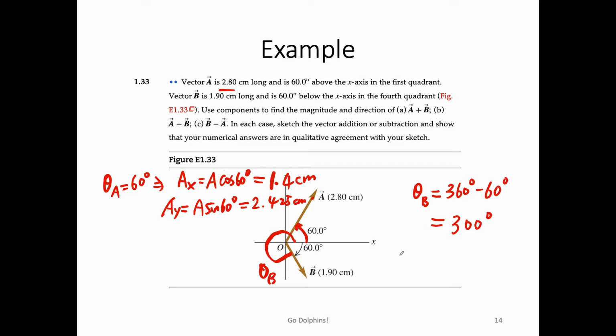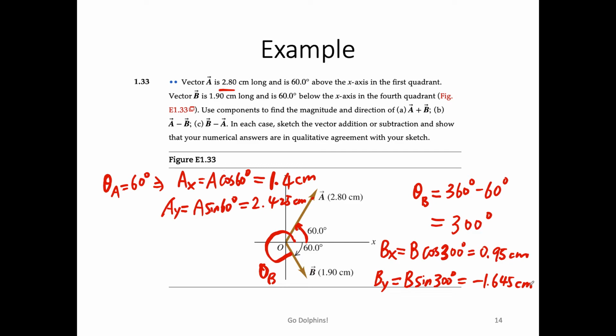Now theta B is 300. So BX is the magnitude of B cosine 300 degrees, which actually is a positive number if you put that into your calculator, and of course remember to put your calculator into degree mode. BY is B sine 300 degrees, negative 1.645 centimeter.